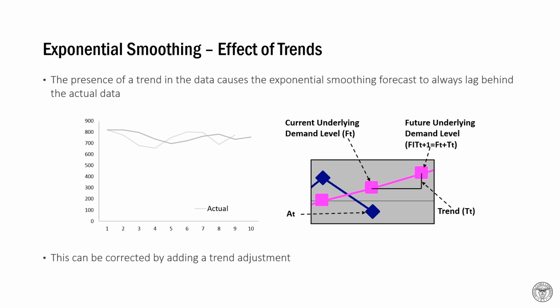To overcome this limitation and improve forecast accuracy, a trend adjustment can be incorporated into the model. This enhancement, often known as double exponential smoothing or Holt's linear exponential smoothing, adds a component to capture the trend in the data, allowing the forecast to track and respond to patterns more effectively.